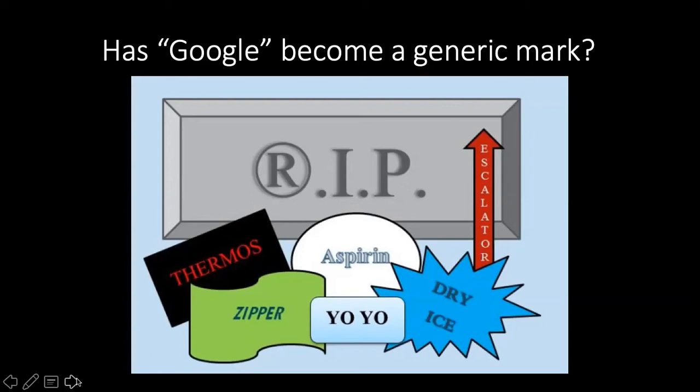But sometimes, like Google, right? There's an allegation that Google has now become generic because we just use the word Google to refer to internet search, whether we're using the Google search engine or not, right? Probably we are going to be using the Google search engine, but not necessarily.